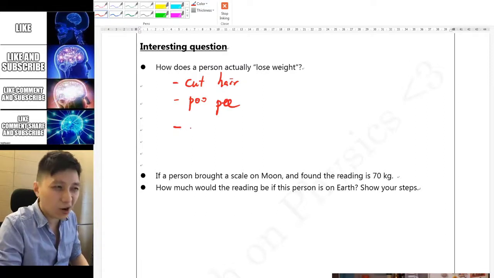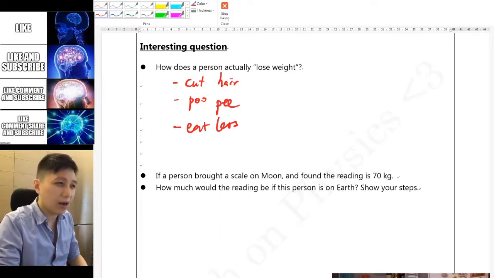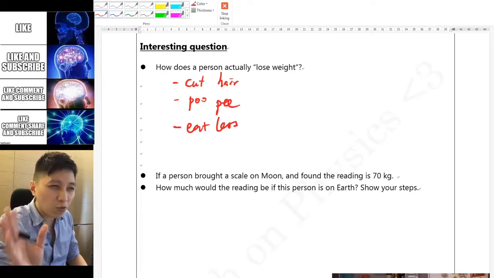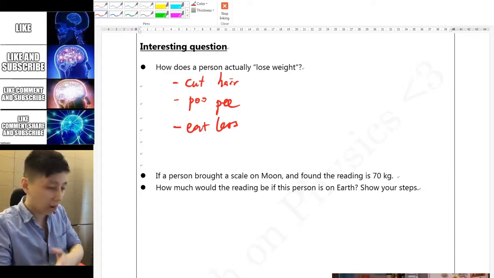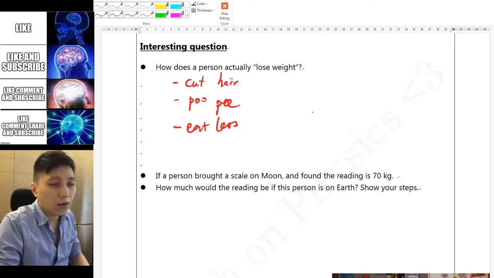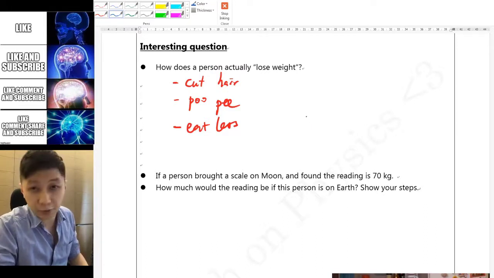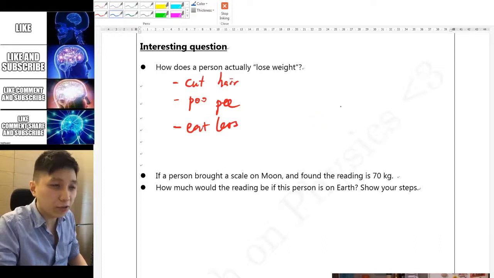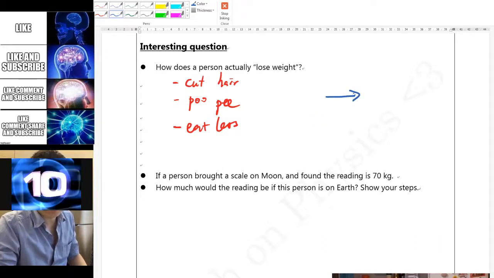And you may also say, oh, eat less, probably. But the most scientific way of saying how you actually lose weight, more precisely you are losing mass, not losing weight, is to think about what you learned in junior secondary for respiration. In respiration, you learned there is a chemical formula. Do you know what it is?